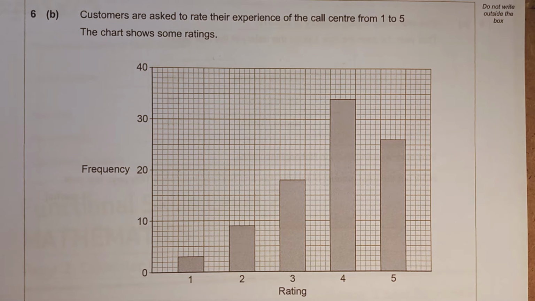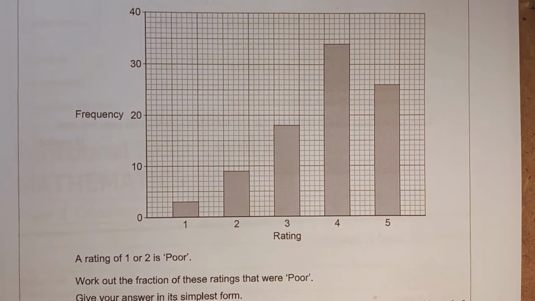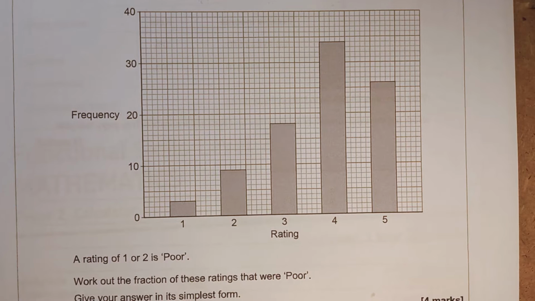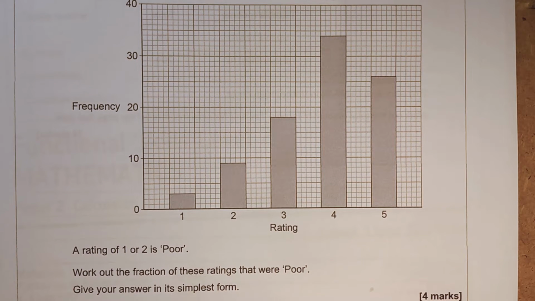6b. Customers are asked to rate their experience of the call centre from 1 to 5. The chart shows some ratings. Okay, so let's see this chart here. So we've got the rating. Let's move this up so we can get that in.